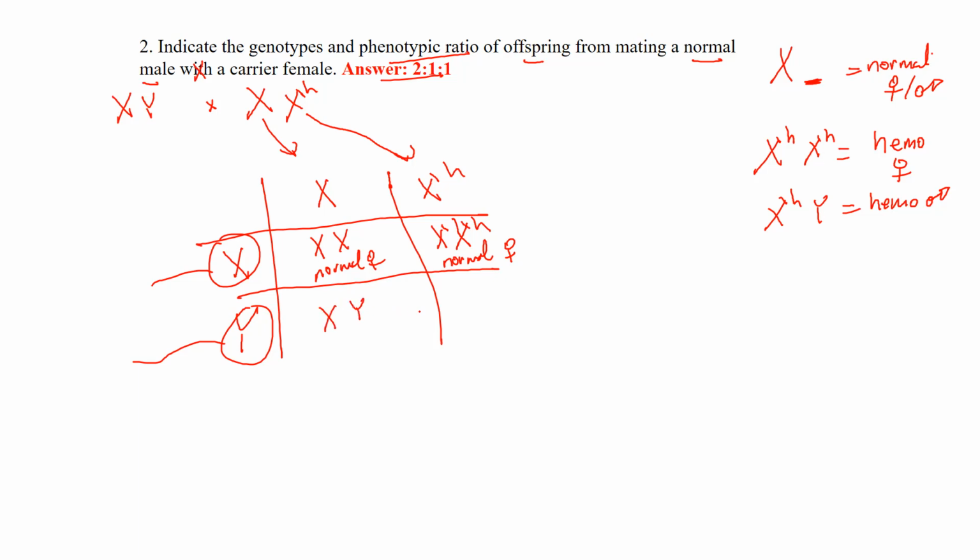X and the Y, that's going to be a normal male, and the X with the Y is going to be a hemo male.